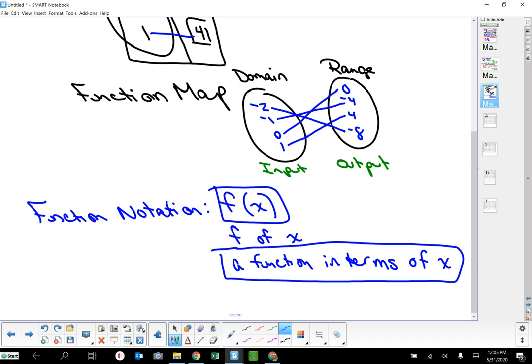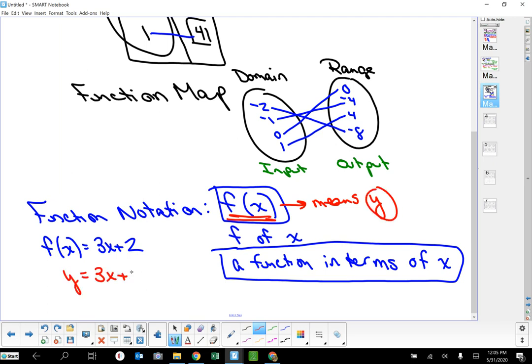Okay. And you might see something that looks like this. f of x equals 3x plus 2. Well, there's another thing that you need to know, that f of x means y. So if you see f of x, you could put a y there. So this is really y equals 3x plus 2.